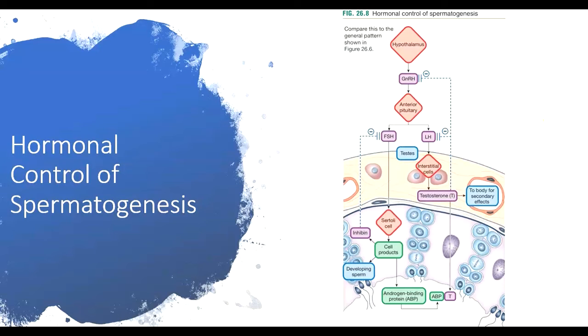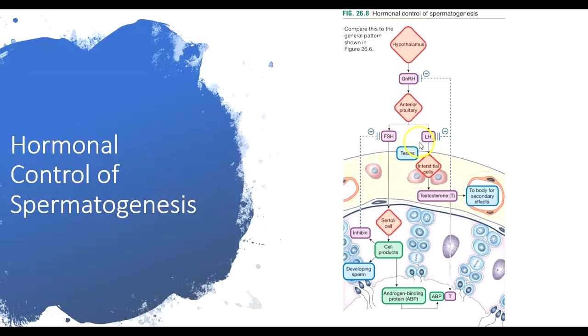Next, we move on to the hormonal part of everything, and similar to past chapters, the hypothalamus has a major part in this, as well as the anterior pituitary gland. The hypothalamus releases gonadotropin-releasing hormone, which acts on the anterior pituitary to secrete follicle-stimulating hormone and luteinizing hormone.